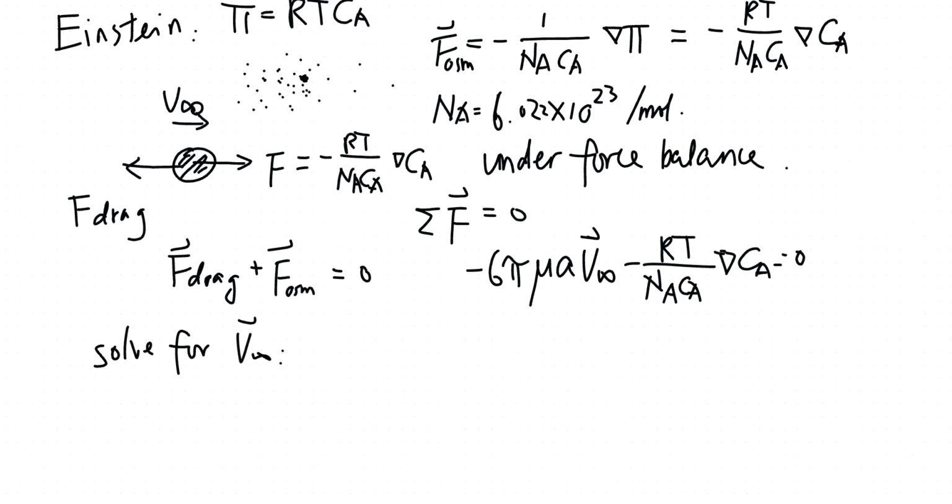So you will get V infinity equals minus RT divided by 6 pi mu A N A times the gradient of C A.